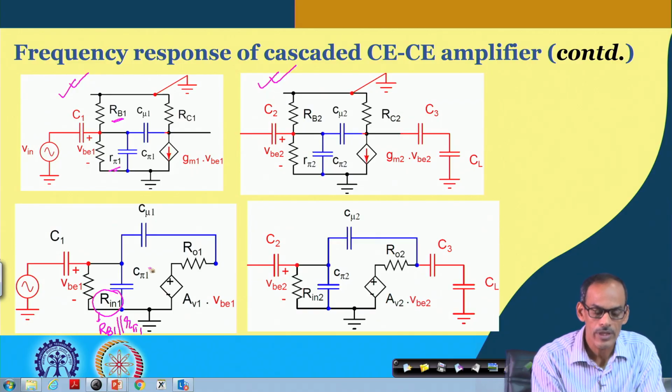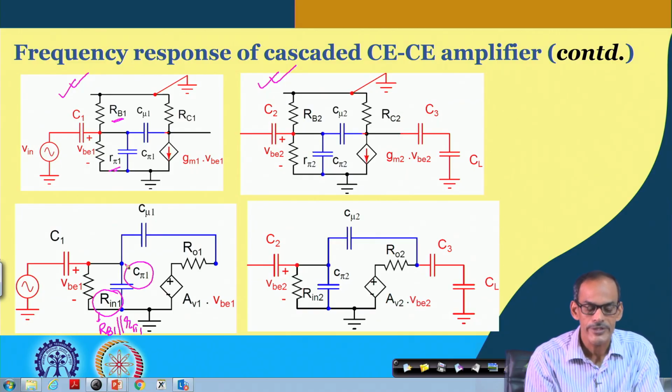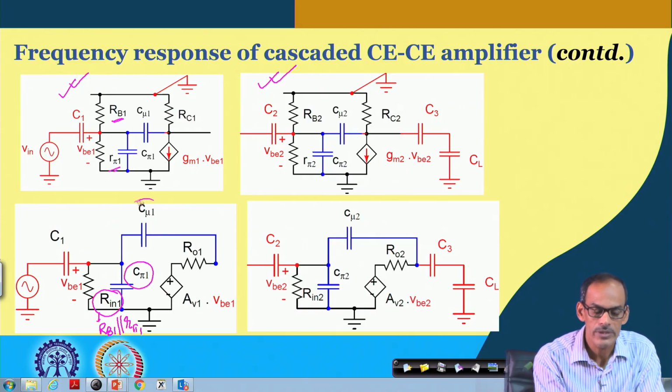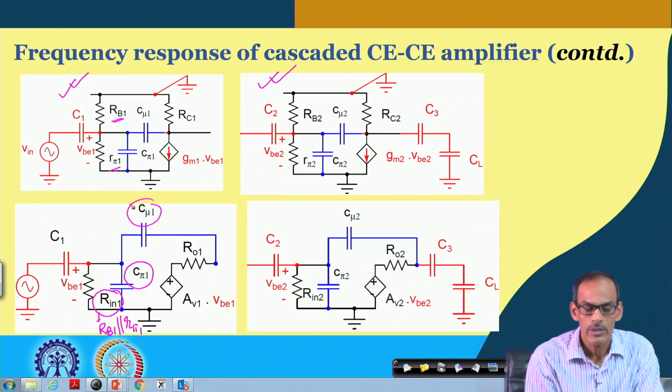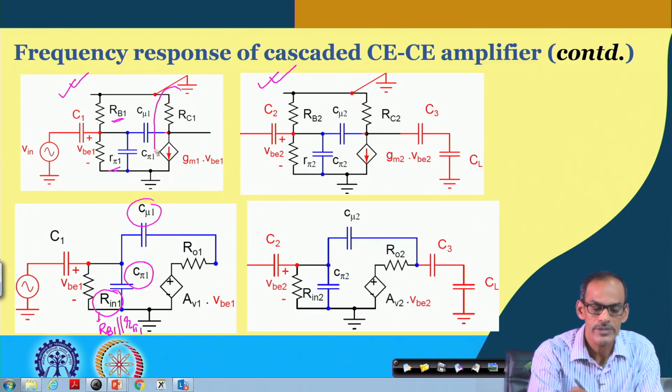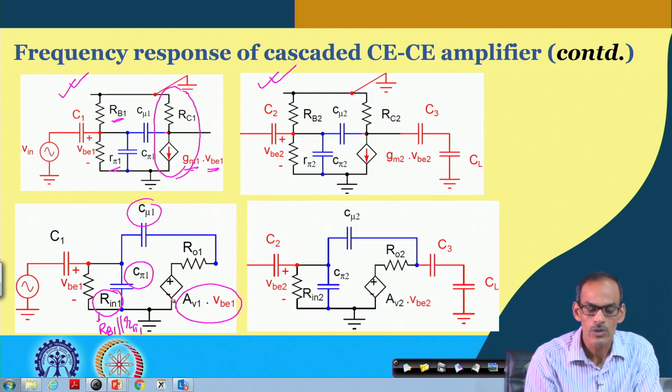And then we keep C pi 1 and C mu 1, and this part we may translate into a Thevenin equivalent. So, the voltage-dependent current source is converted into a voltage-dependent voltage source.